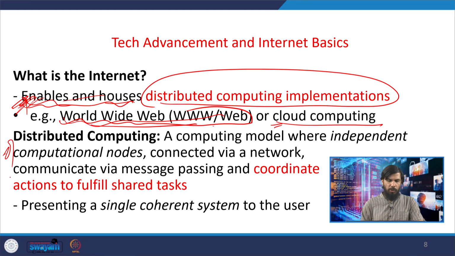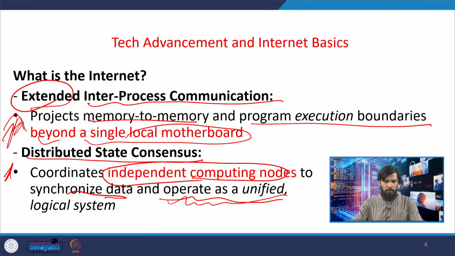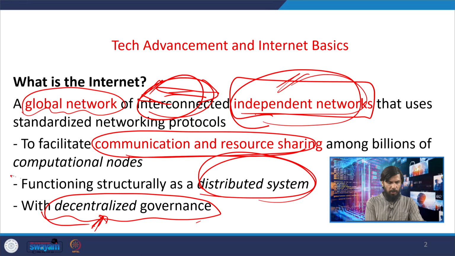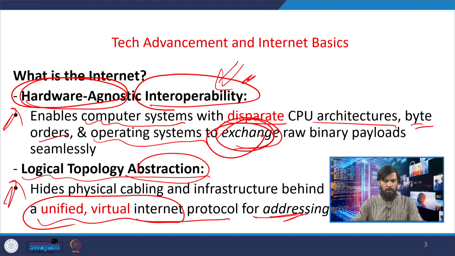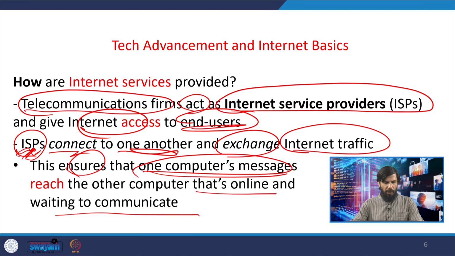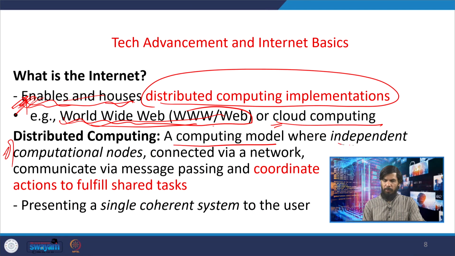Then, when we said distributed computing, what is distributed computing that we have referred to so many times? Distributed computing is a computing model where independent computational nodes, and if you go back to our internet definition, there we said independent networks and here we say computational nodes, are running on their own independently, and are connected via a network. The internet is a network of networks.